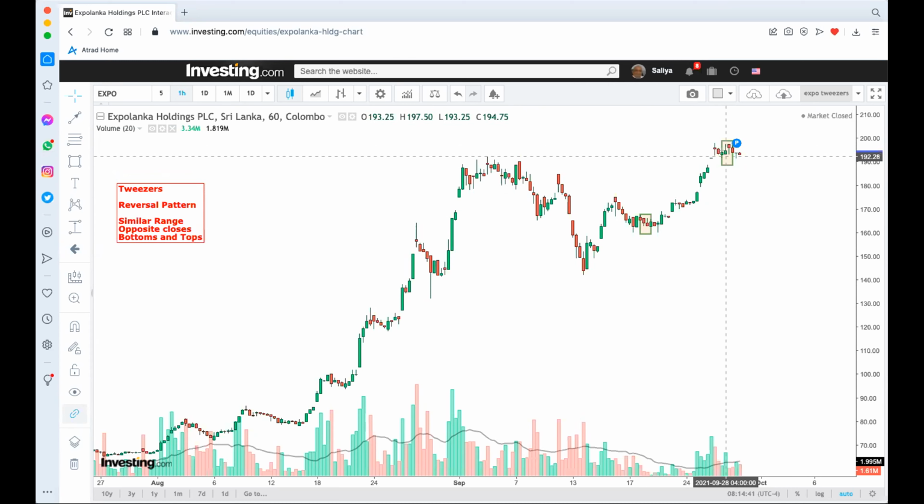Then we have to focus on the breakout below the support of this candle. That is why this is called the tweezer top, because there is an uptrend, then there is an indication of a reversal. We don't know until it comes down below this and closes.